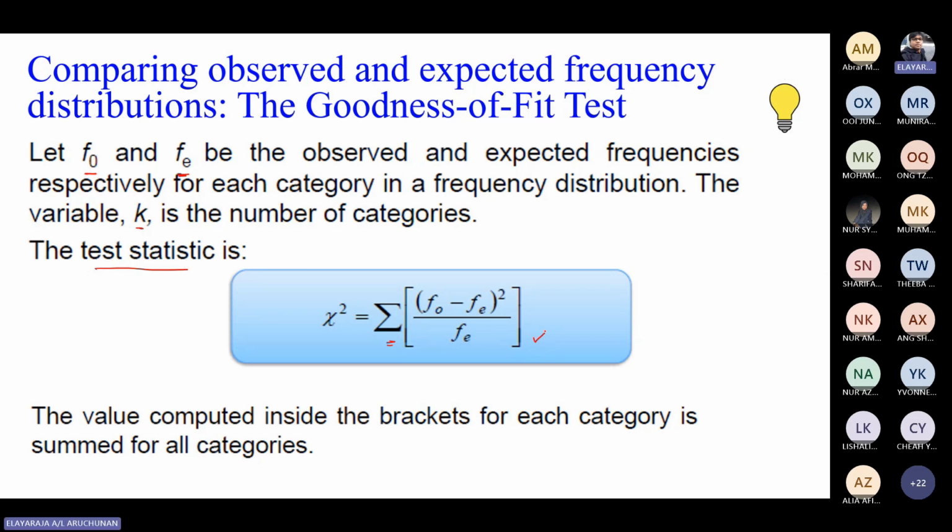Remember that the value computed in the bracket for each category is summed over all the categories: first category, second category, and so on. It is just given in the general form; if there are many categories, you need to sum everything up.